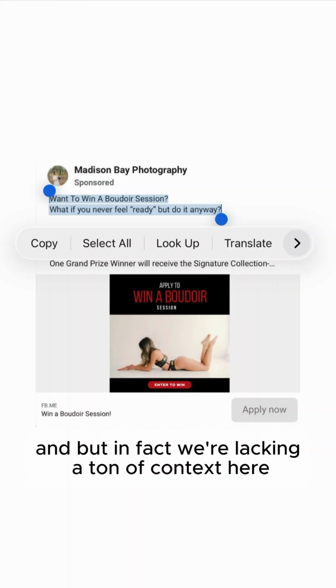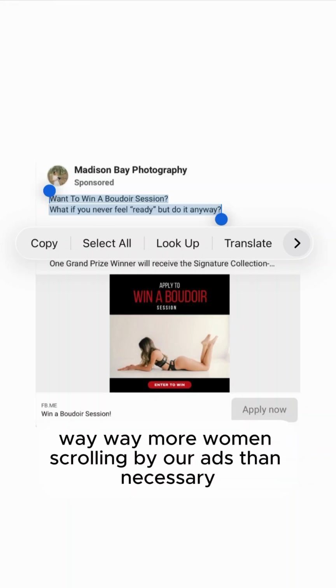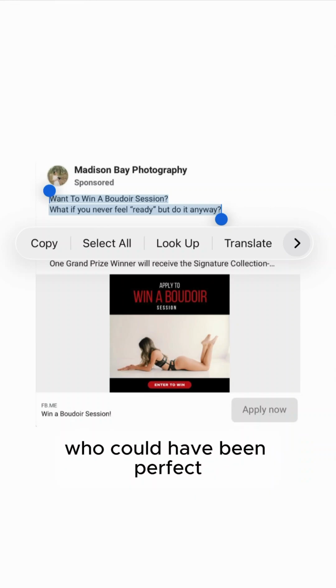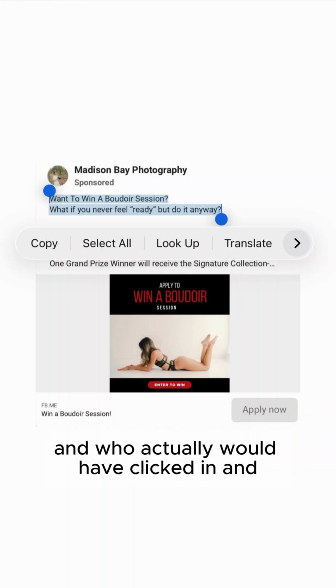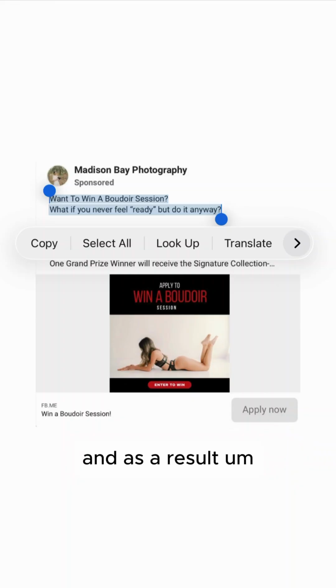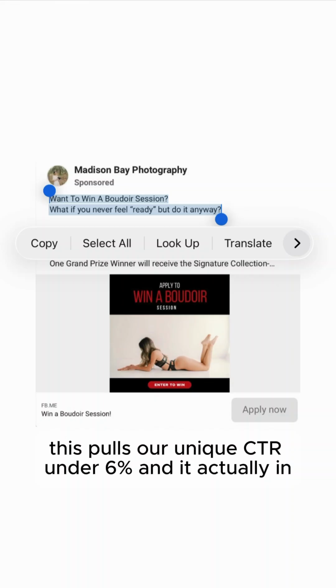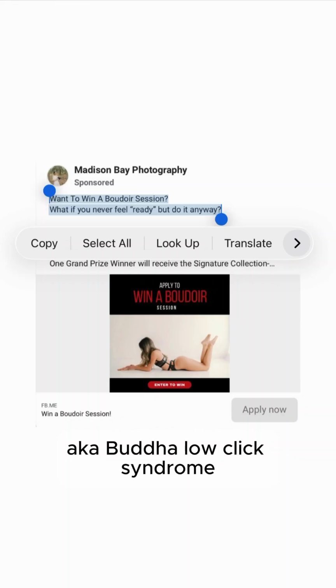But in fact, we're lacking a ton of context here. And we're actually going to get way, way, way more women scrolling by our ads than necessary who could have been perfect if we had not made the lack of context mistake and who actually would have clicked in and had a chance to buy from us. And as a result, this pulls our unique CTRL under 6%, and it actually increases the probability that we have BLCS, aka Boudoir low click syndrome.